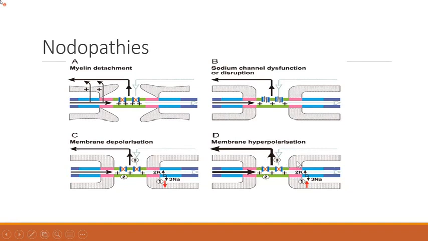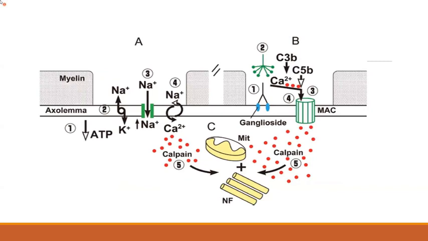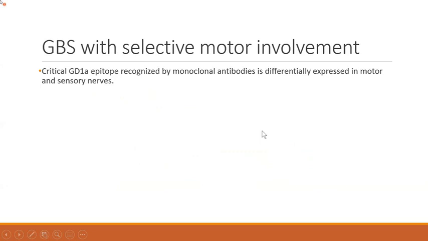These are called nodopathies because they affect only the nodes and paranodes, and they produce a picture with conduction blocks. So on NCS, we will see conduction blocks and they will recover rapidly on treatment. If they are treated on time, they will recover. They will have good prognosis. But if not treated, they can lead to activation of complement and axonal degeneration, and then recovery will be less.